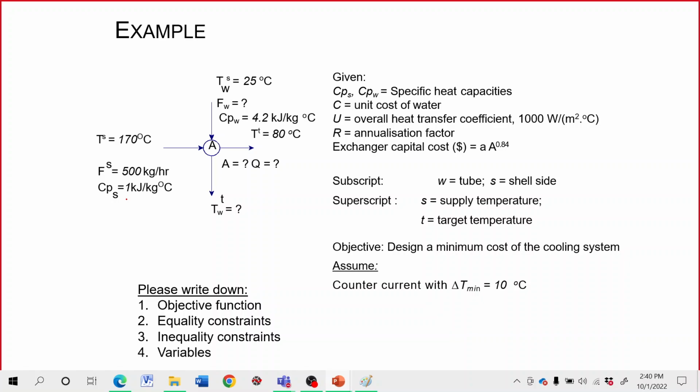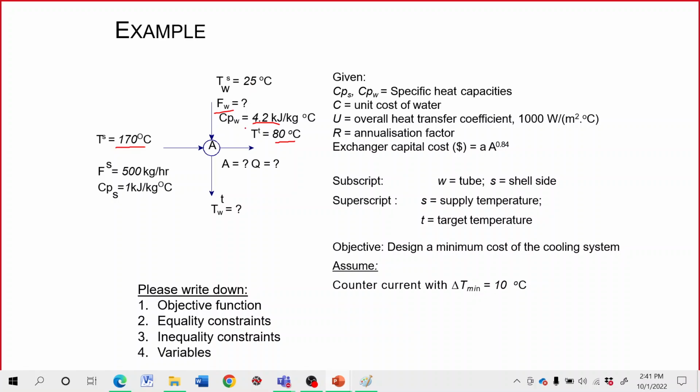And then we want to cool it down from 170 degrees C to 80 degrees C, and we have to do that with a flow rate of water. We know the CP of 4.2, and it comes at ambient, like 25 degrees C.